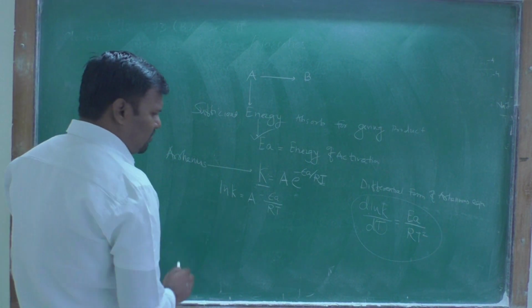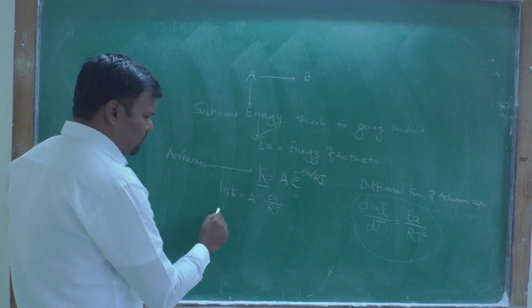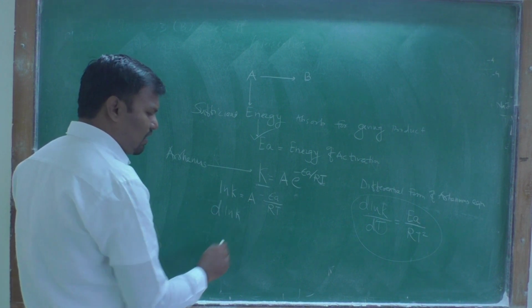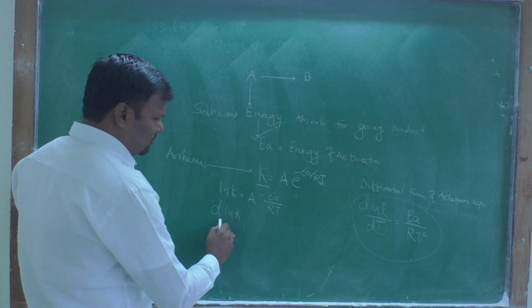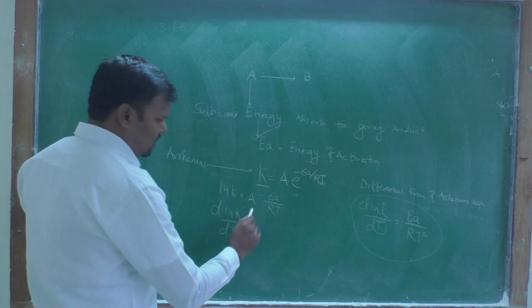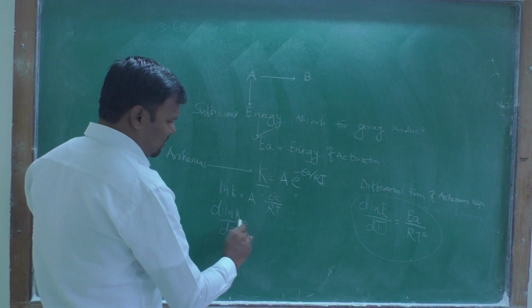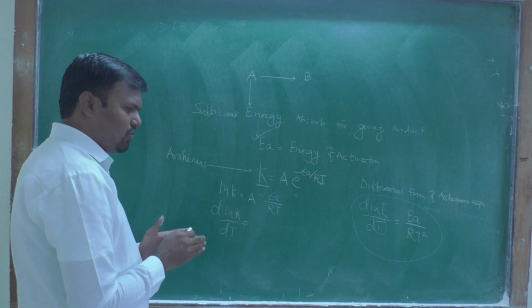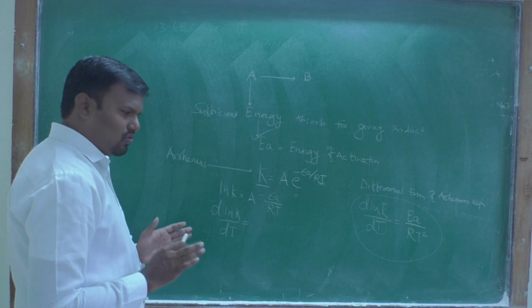Then take the derivative of ln k with respect to temperature, dT, the change in temperature. This is a constant, and the derivative of a constant will not be considered.